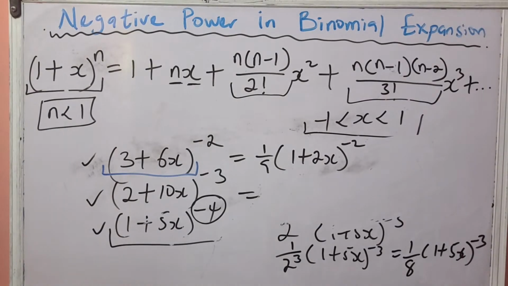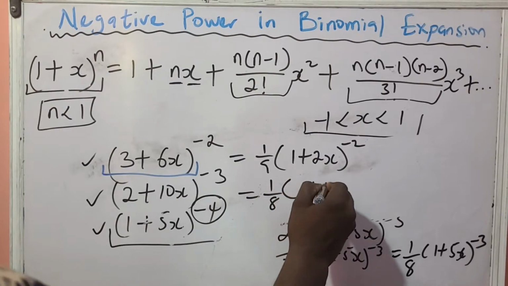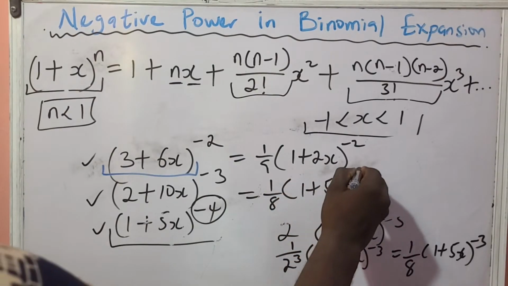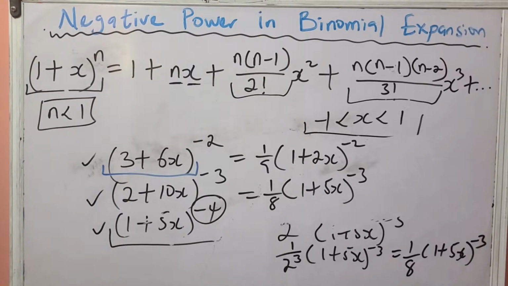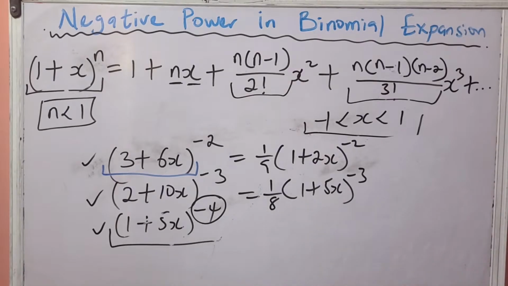Okay, that's nice. So obviously we have 1 over 8, (1 plus 5x) raised to the power minus 3. Good. That's quite nice. I believe you are able to flow with this, right? Inspired mind, that's good.